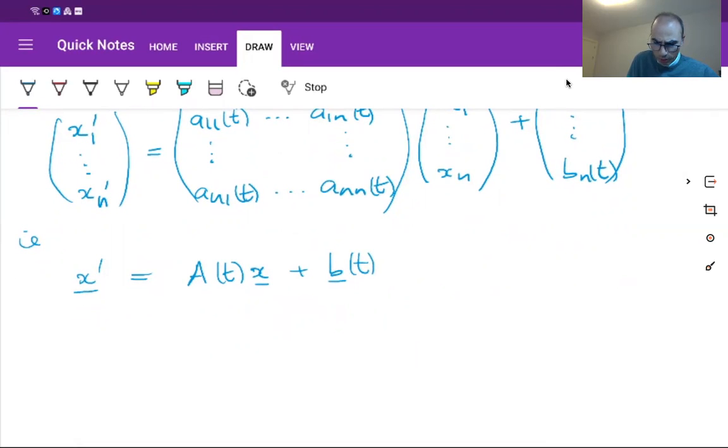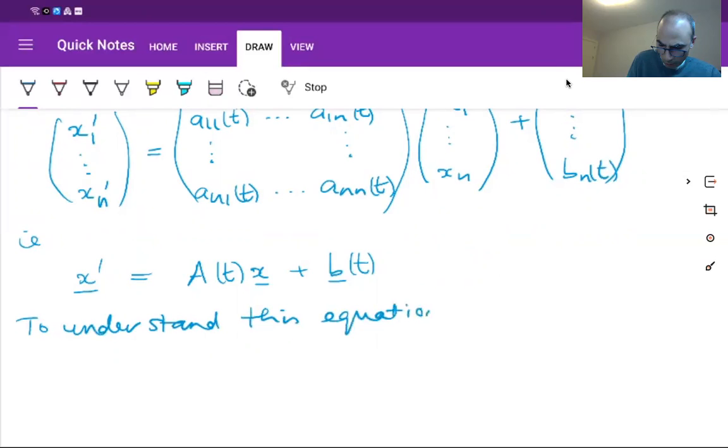For this, we'll need to recall some linear algebra, to understand this equation and how to solve it.